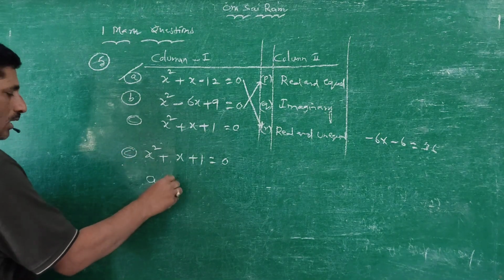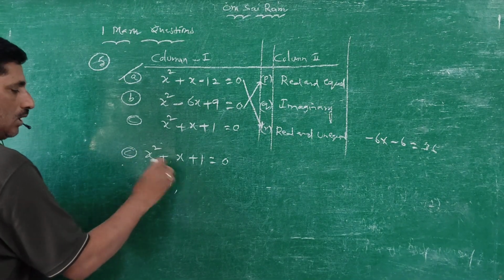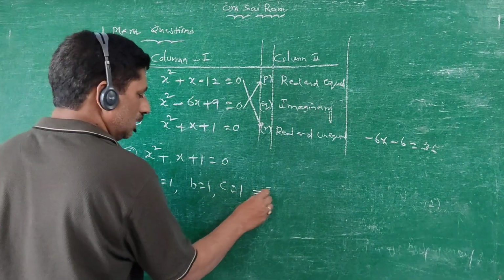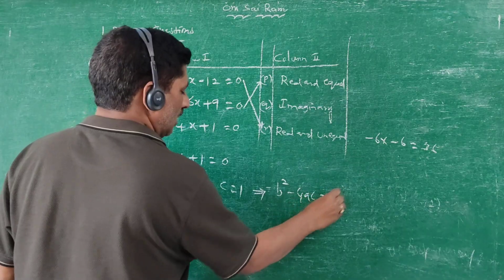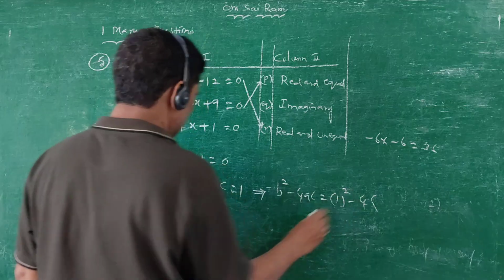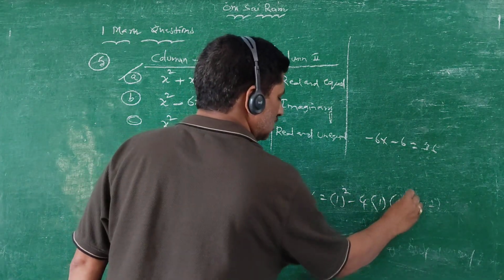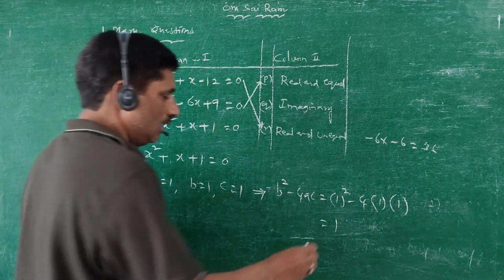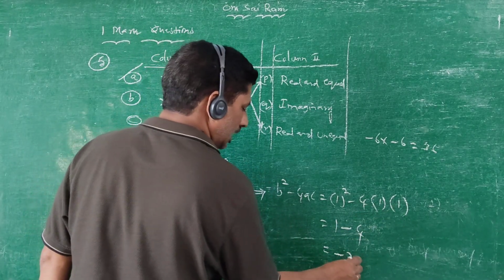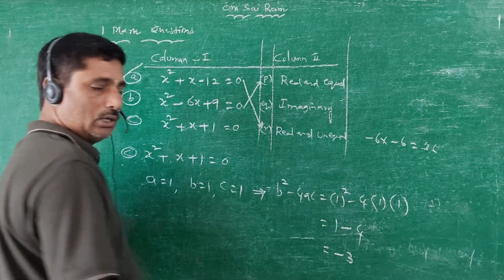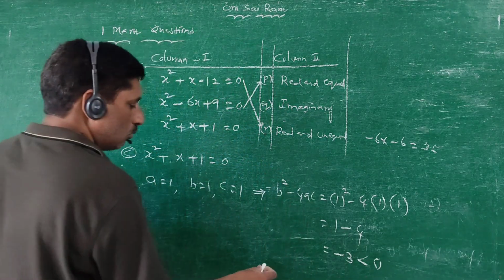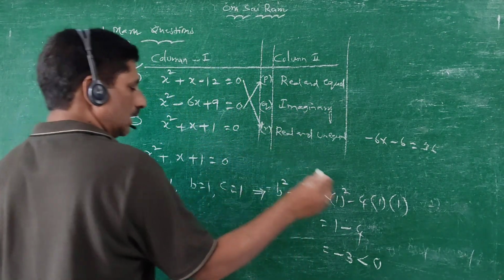Ax square, A value 1, and bx, b coefficient of x, b is equal to 1, and c is also equal to 1. Then I have to find b square minus 4ac, the discriminant value. What is b here? 1 square minus 4, a value 1, and c is also 1. 1 square means 1, and 4 ones are 4. 1 minus 4 is minus 3. Of those two values, 4 is greater and it has a negative sign, minus 3. If the discriminant is less than 0, the roots are imaginary.